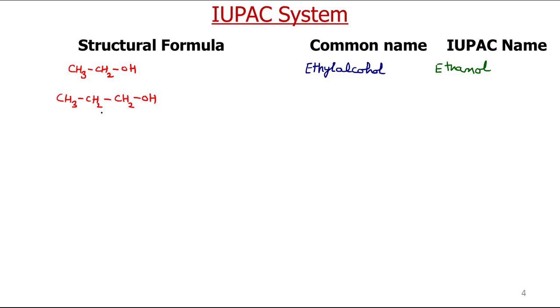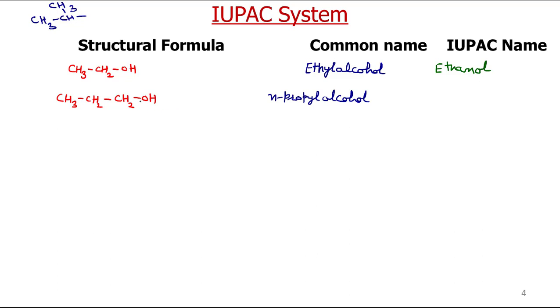This alkyl chain can be present as a linear chain or as a branched chain, like this CH3 CH CH3. So in order to differentiate this, if the chain is linear, we use N. So it is N propyl alcohol.